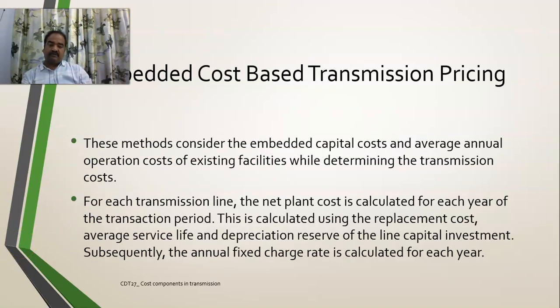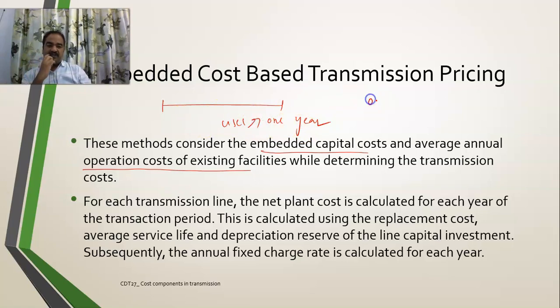The first one is embedded cost-based transmission pricing, where they consider the embedded capital costs, whatever capital costs have been included, and the average annual operation cost of existing facilities while determining the transmission cost. Let us suppose I use this transmission line for 1 year, so a user has utilized this.